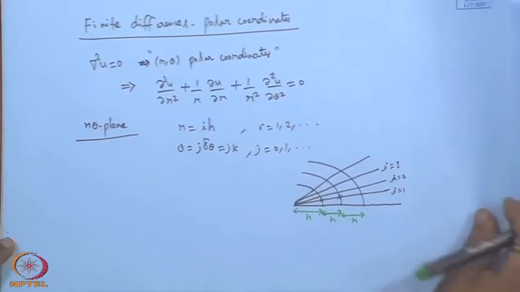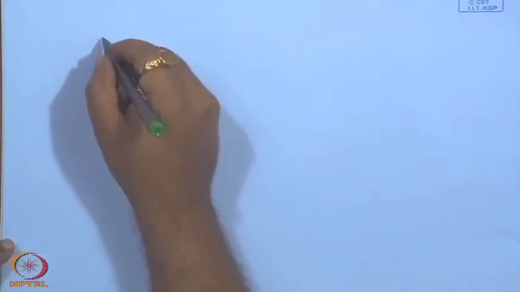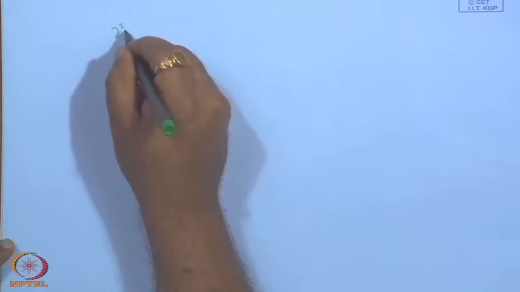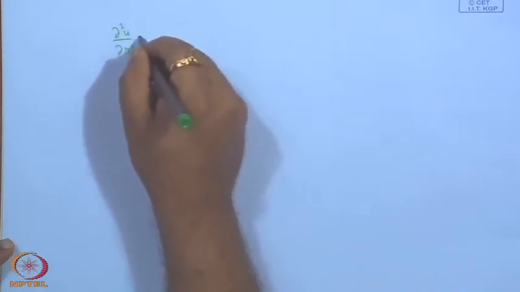So, let us discretize the corresponding equation. So, now if we discretize the corresponding equation, we get, so the equation, let us write down the equation first.